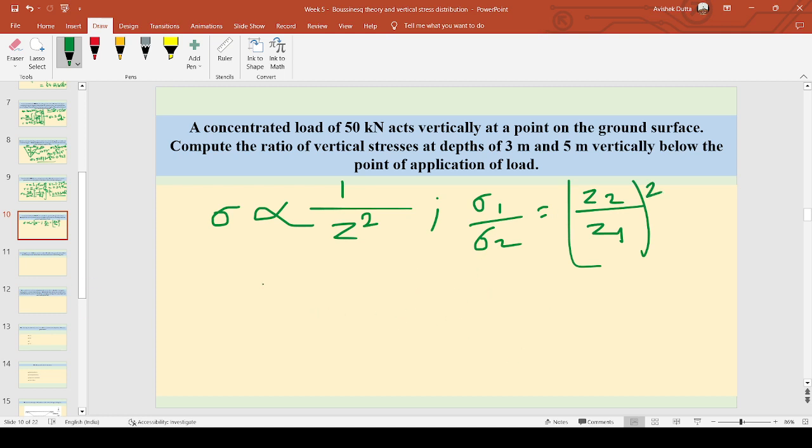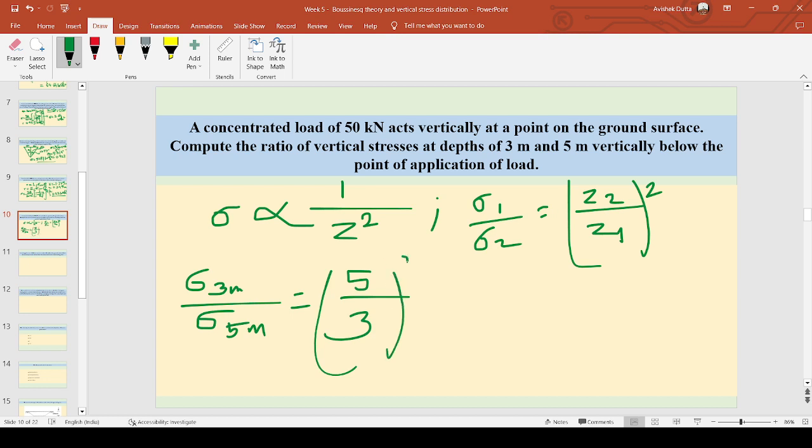Now, in this case, sigma 1 means sigma at a depth of 3 meter and sigma 2 means sigma at a depth of 5 meter. That will be equal to z2 is 5 and z1 is 3, whole square, which is 25 by 9, around 2.78.